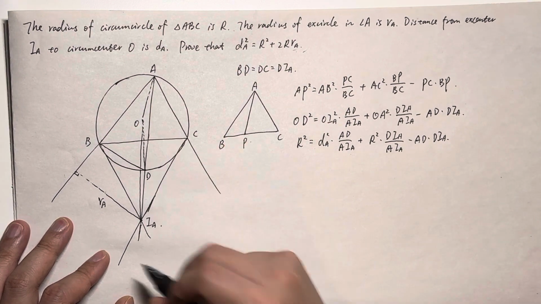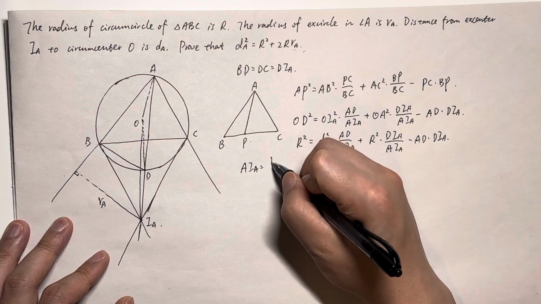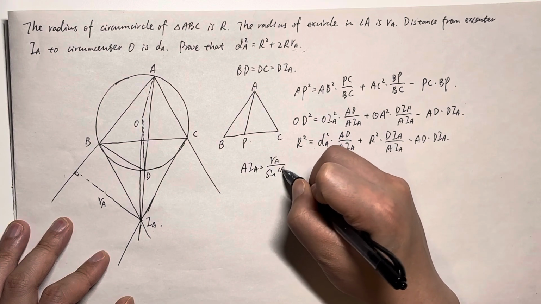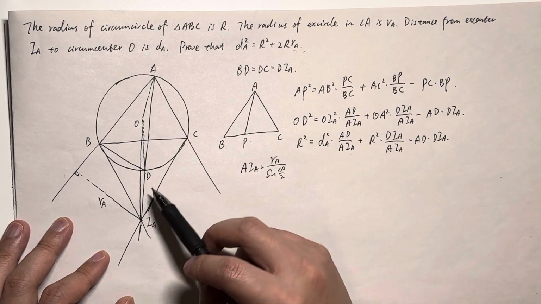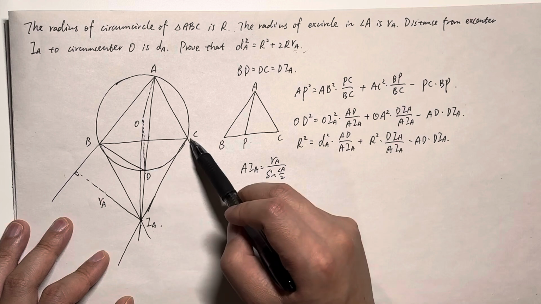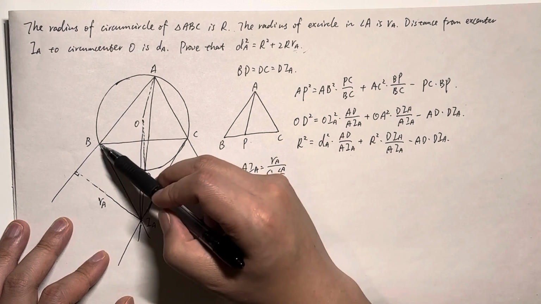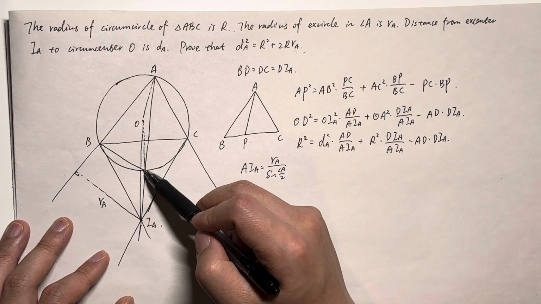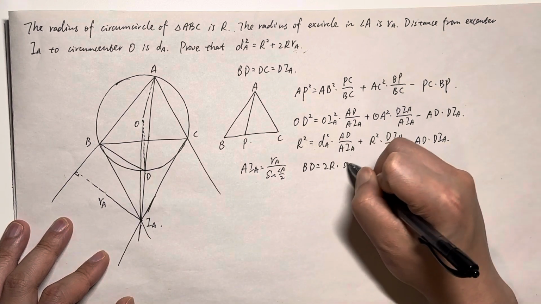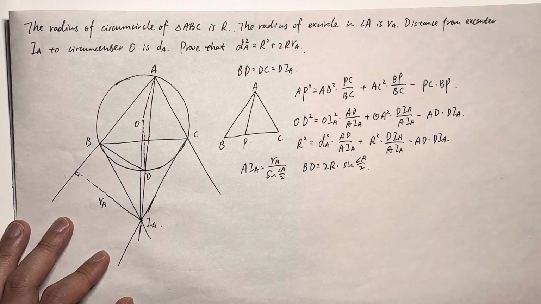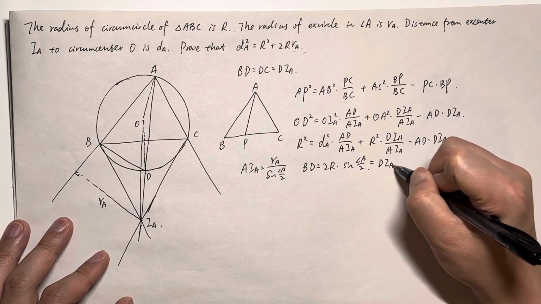For AIA, we know that AIA equals RA divided by sine of half angle A. And because DIA equals BD equals DC, for BD the inscribed angle is angle BAD, which is half angle A. So the length of BD can be calculated as 2R times sine of half angle A, which is DIA.